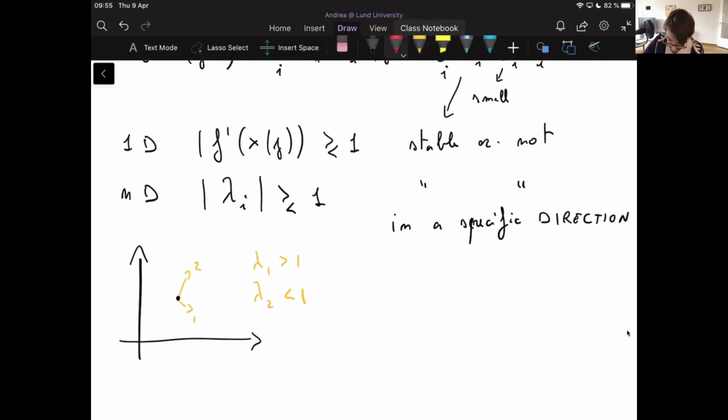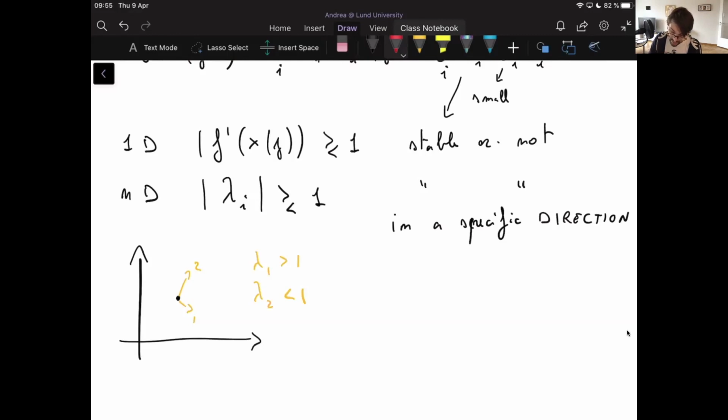I don't know if it was clear. Probably I cut it a little bit, but I hope it's clear. So this represents your map in the same way that in one dimension, the phase diagram was represented by the map.